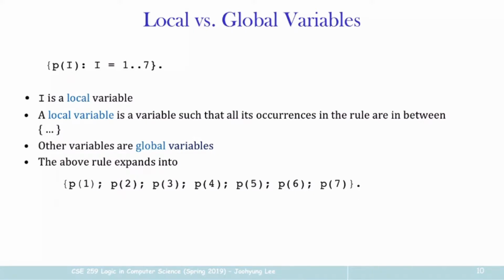I'm going to show another example that has local and global variables in the next slide. But a local variable is only within these set braces, and what it does is expand the set inside. This is something you are already used to when you say this condition in the set notation. This is like what I ranges over. So I is from 1 to 7, so you can expect it that way, right?